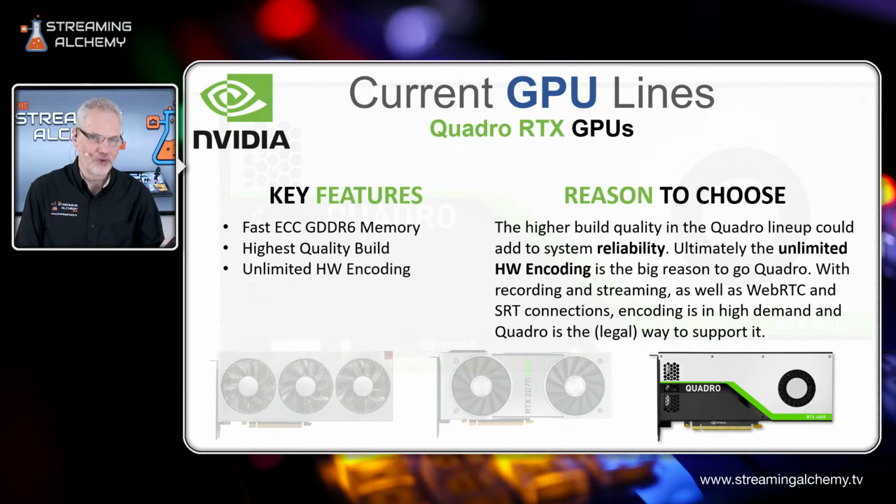The one area where it really makes a difference is in the unlimited encoding. And like I said, I know the software is out there, but given the number of things that we do today that we weren't doing in the past that require encodes and decodes. First, you have multiple streams that you can put out in a lot of systems today, where each one can be its own format and would require its own encode.